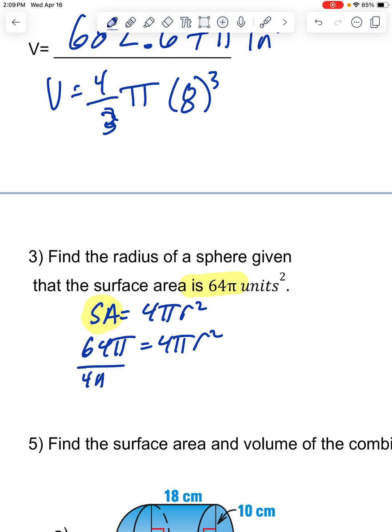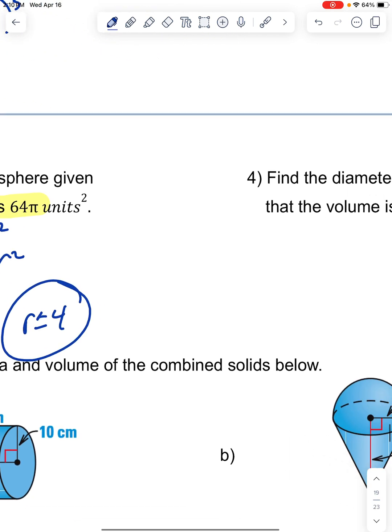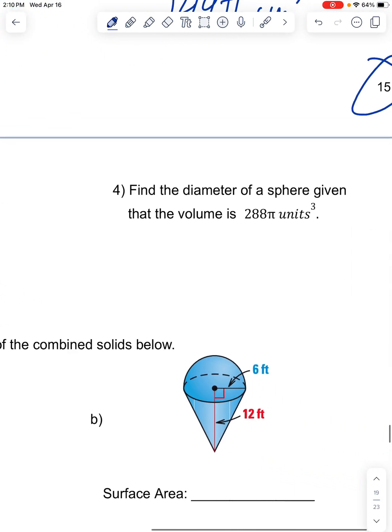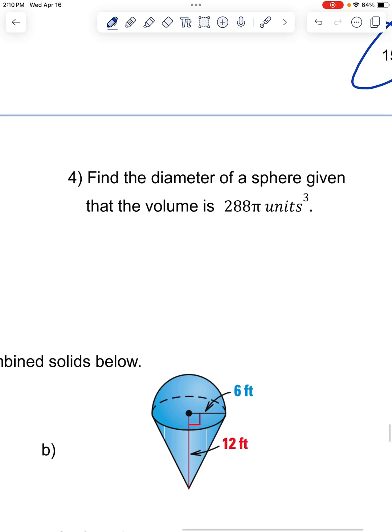Divide by 4 pi. I get 16 equals r squared, and then take the square root, r equals 4. You could say r equals 4 units if you want. That's totally fine.